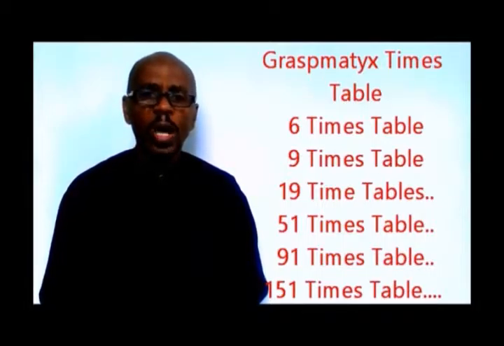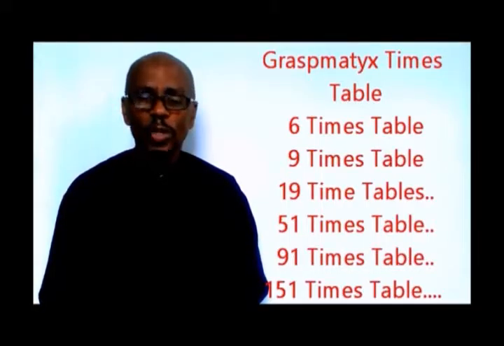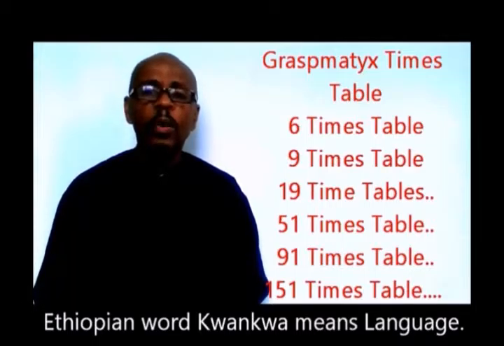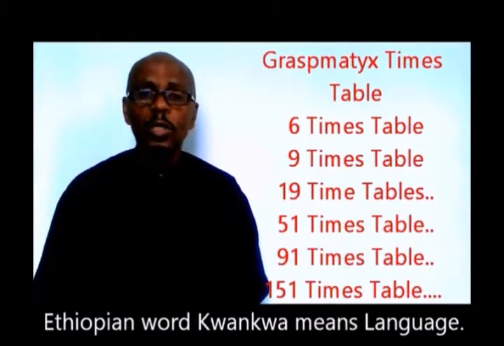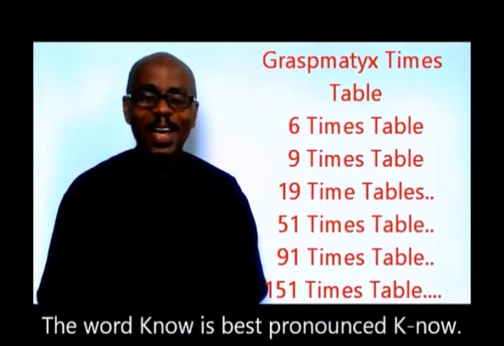This program called Grassmatics is based on 4 principles, but it's being taught in 3 languages. We use the word Kwankwaoch. Kwankwaoch is a word found in the Ethiopian languages, Ge'ez and also Amerinyo, or as most people know it, Amharic.